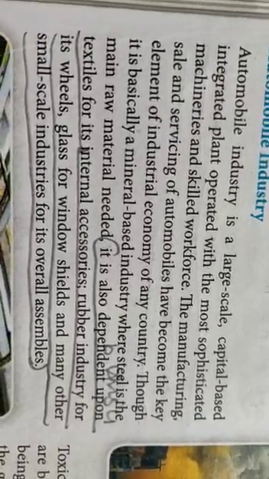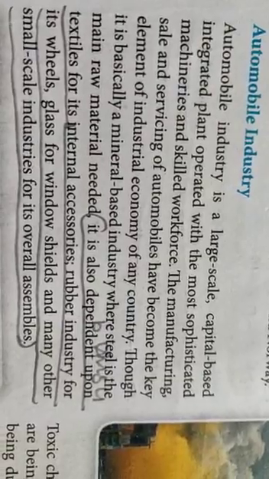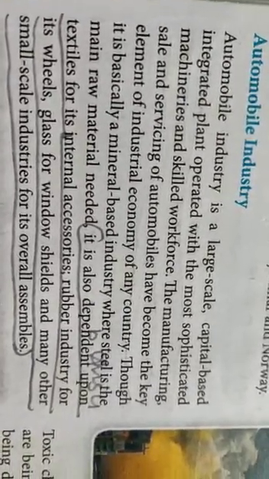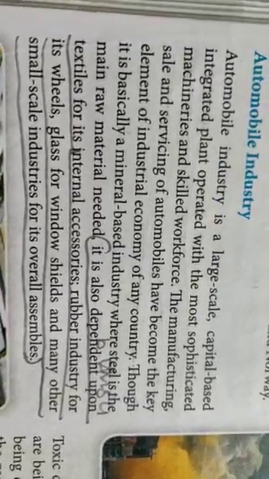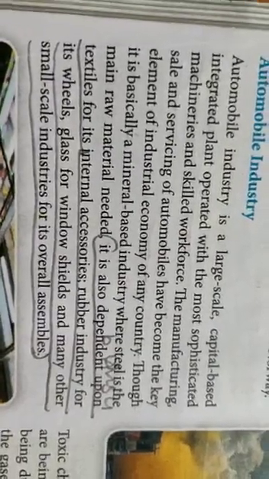Though it is basically a mineral-based industry where steel is the main raw material needed, it is also dependent upon textiles for its internal accessories, rubber industry for its wheels, glass for window shields and many other small-scale industries for its overall assembly.